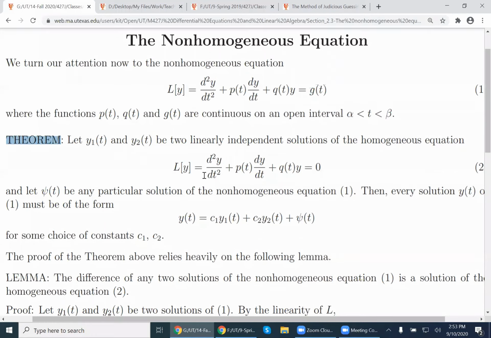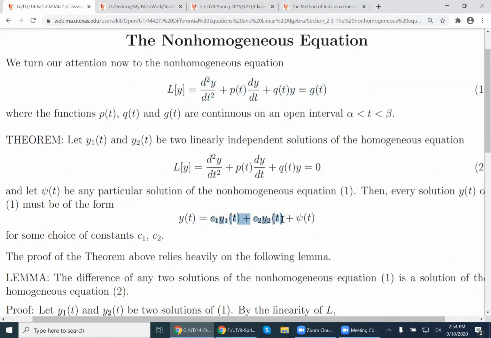This theorem says that the general solution of this non-homogeneous equation is the sum of two pieces. Piece number one is the general solution, but not of this equation.